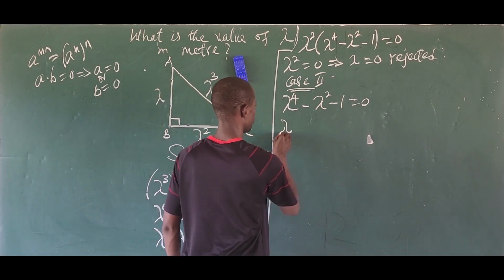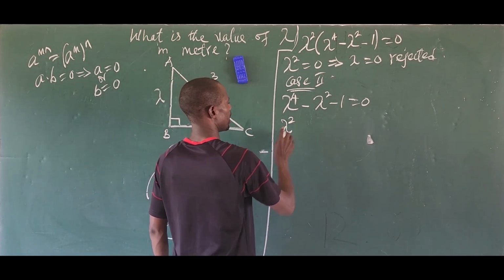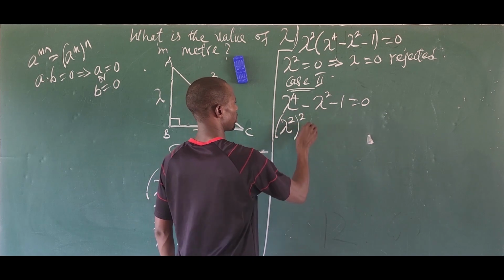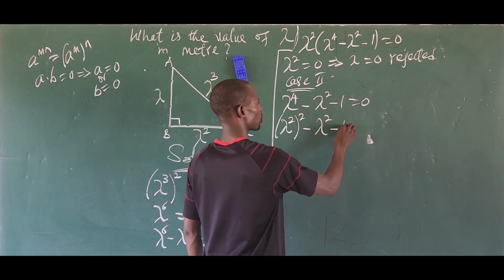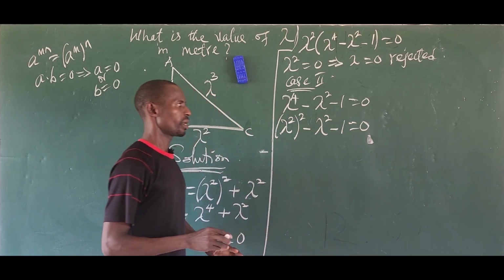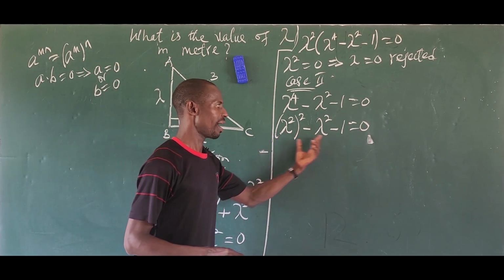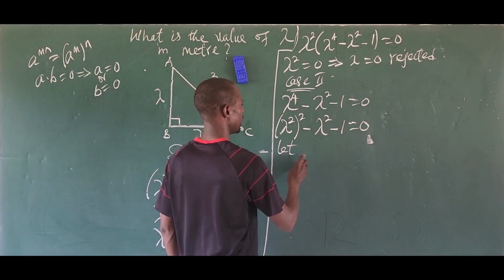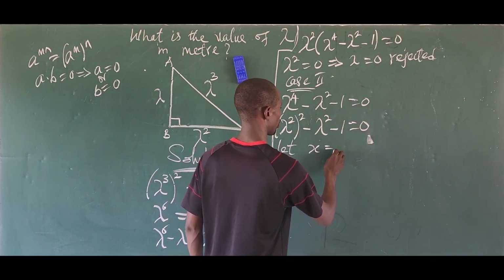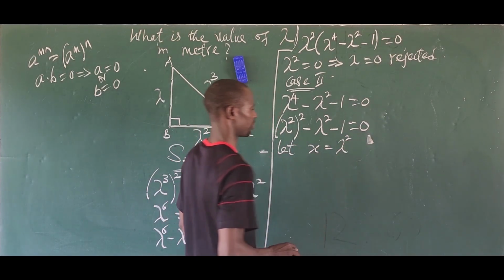So rewriting this could be written as our lambda to the power of 2 all raised to the power of 2, then minus our lambda to the power of 2 minus 1 equal to 0. Now, we bring another alphabet to represent our lambda here. So let x be equal to our lambda to the power of 2.